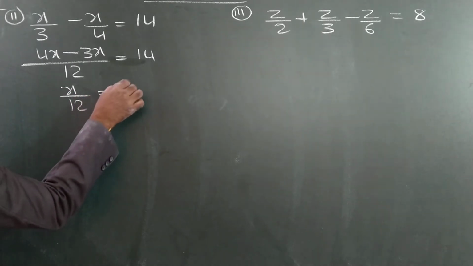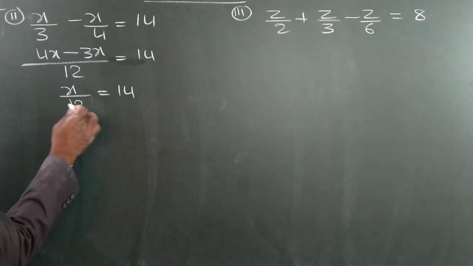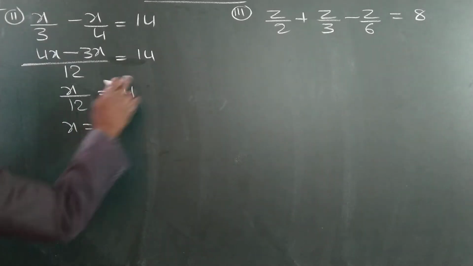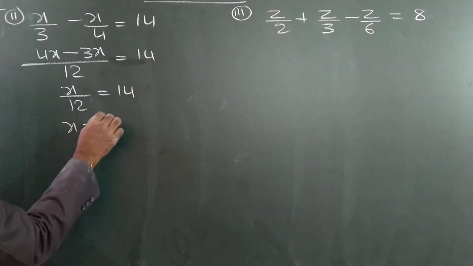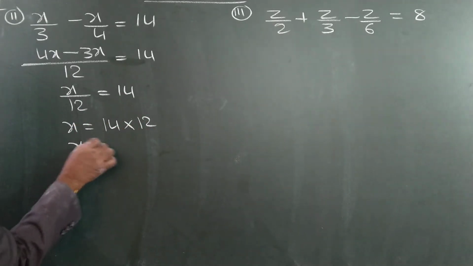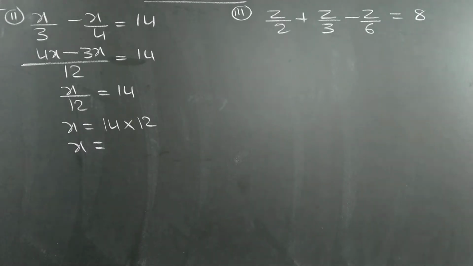X by 12 is equal to 14. So we want the x value. 12 is in the denominator. Denominator means it will become multiplication. Division will become multiplication. 14 into 12. Write down the answer. Do it.